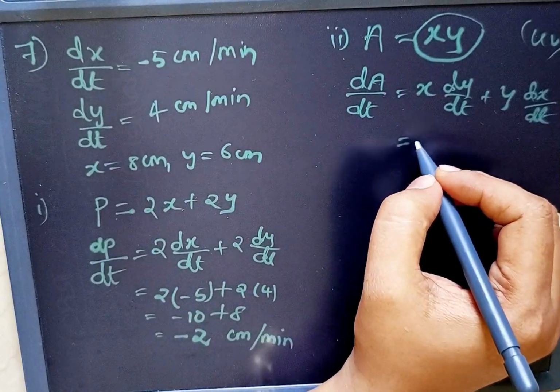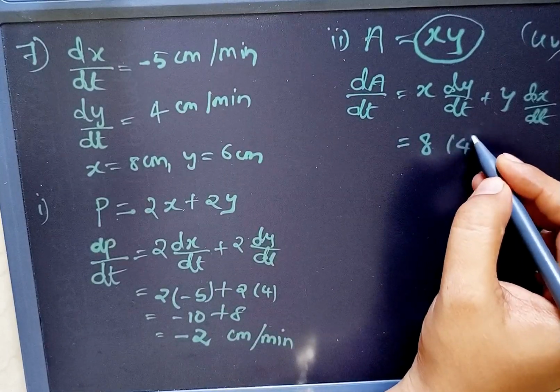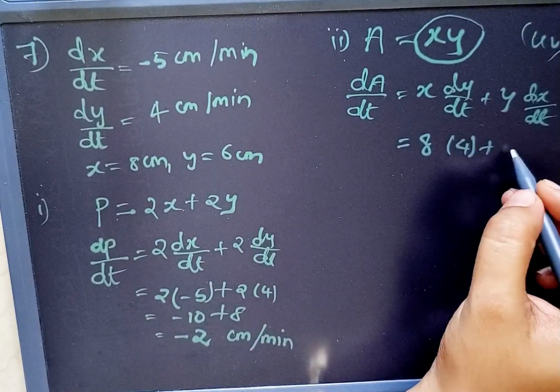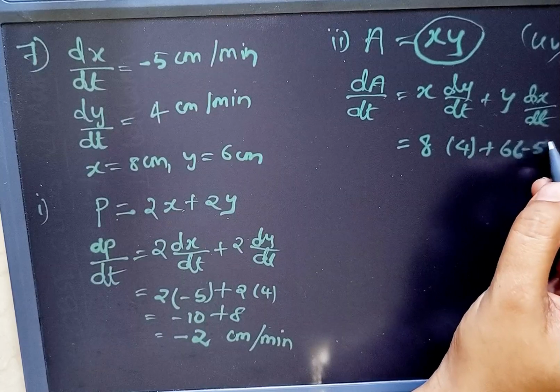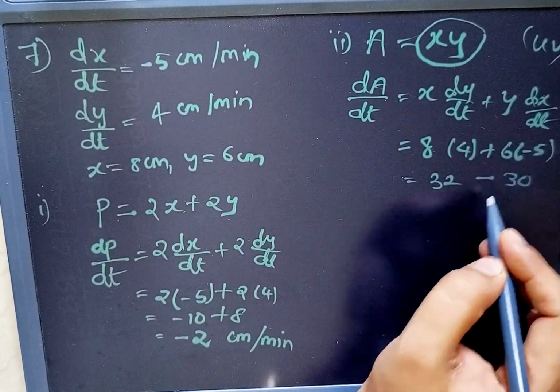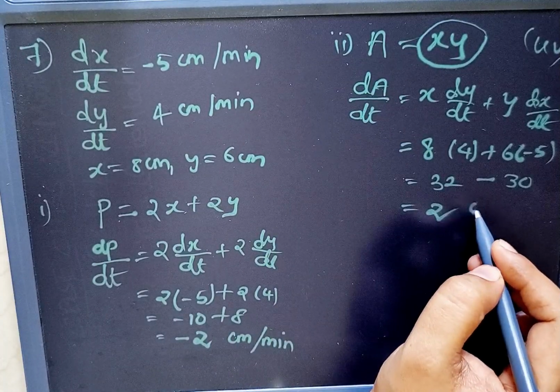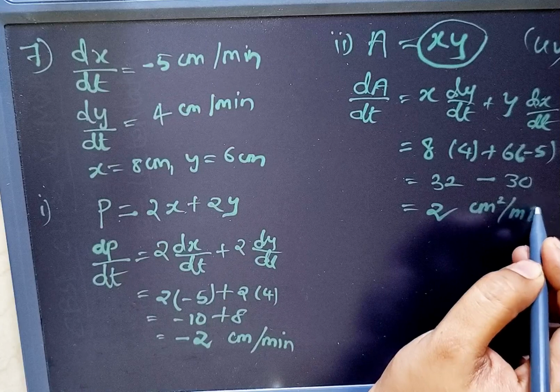Substitute the values. X they have given us 8, dy by dt it is 4, plus y given as 6, dx by dt it is minus 5. So 8 4s are 32 and 6 5s are 30, minus we have. So 2. Units will be area and time, it is centimeter square per minute.